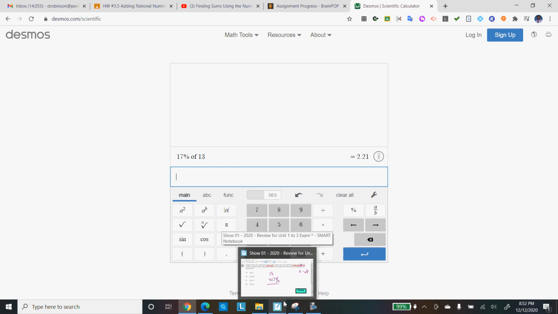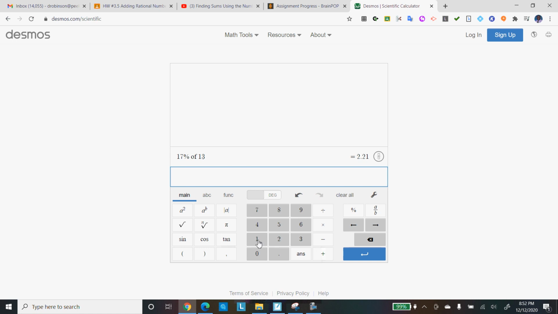They said the total cost. So let's just add the $13 for the food with the tip. So it's going to be either one of these amounts, $2.21 or $13 plus $2.21. So it's either going to be $15.21 or $2.21.